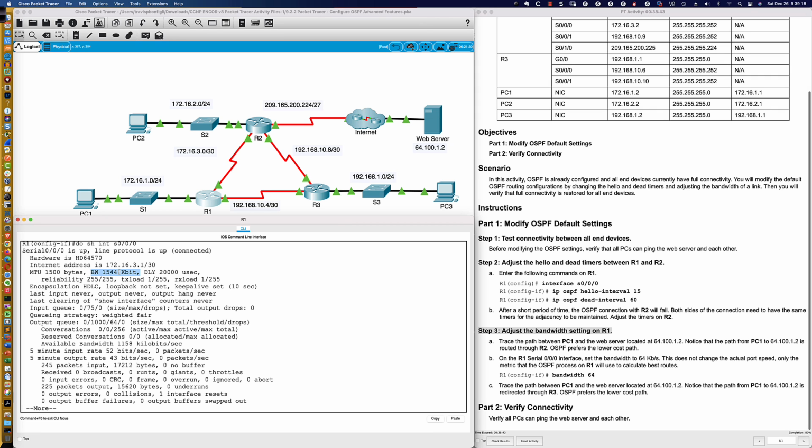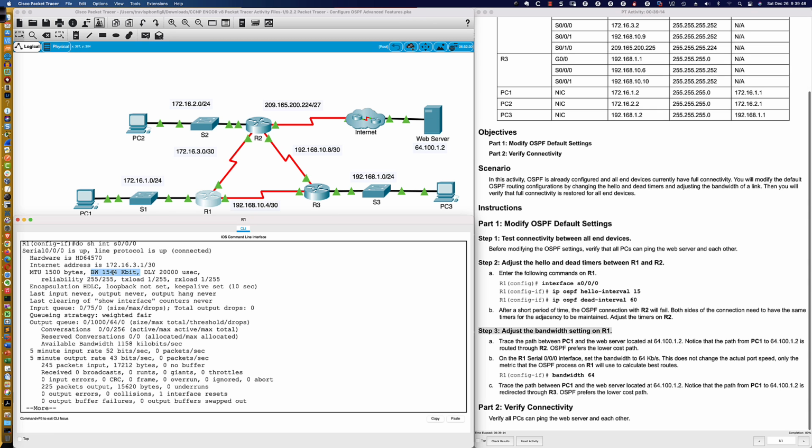Now, on a serial connection, if you're connected to a telco provider, you might be connecting to a MUX, M-U-X, meaning you may be getting a fraction of that 1.544 megabits per second, or 1,544 kilobits per second. You could be getting 64 kilobits a second.